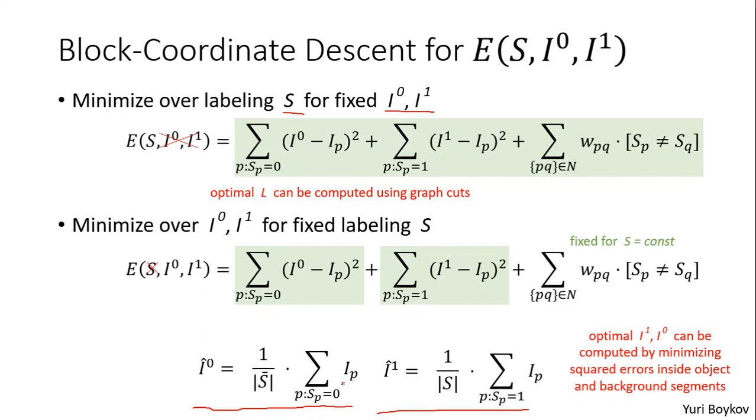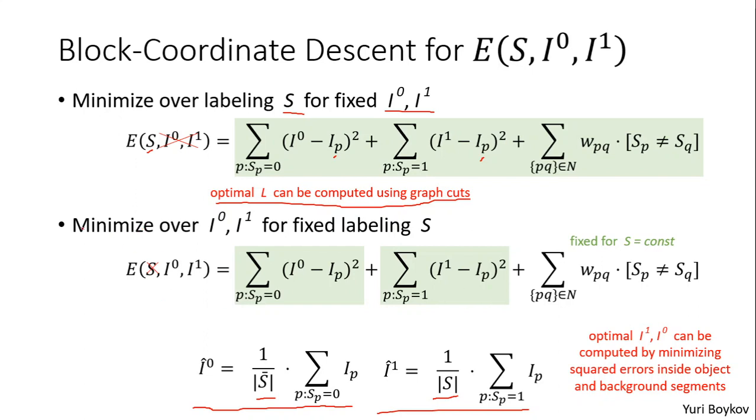those two intensities, as the averages. You can see it's the average, all pixels added together and divided by the number of pixels in that area, S bar and S. So we know these two, and since we know these two, we can find the optimum labeling L using graph cuts. That means for each pixel, whether it would get label 0 or label 1.